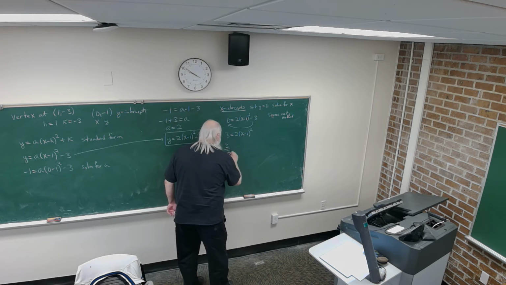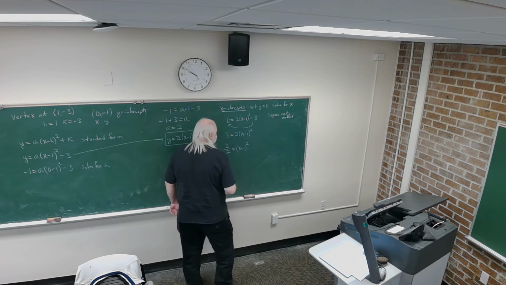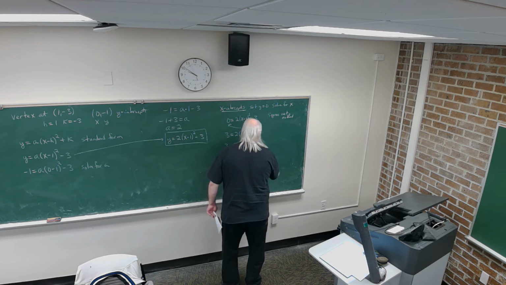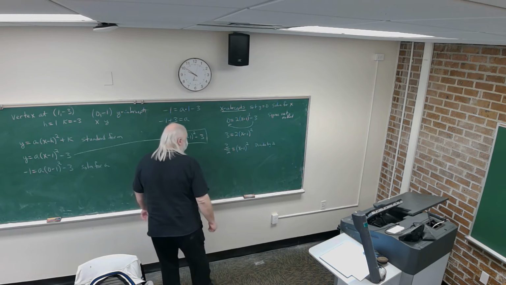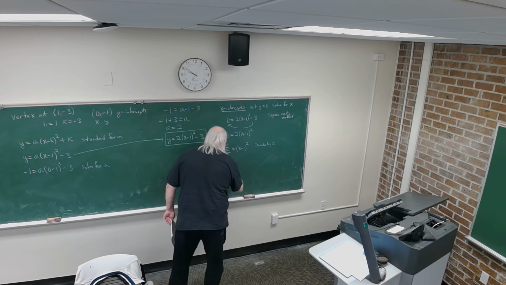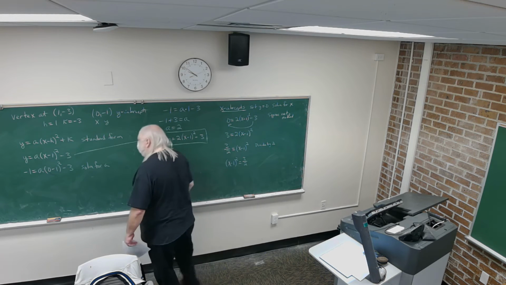We have 3 halves is equal to (x minus 1) squared. Now I'm going to switch the 2 sides, so (x minus 1) squared is equal to 3 halves.